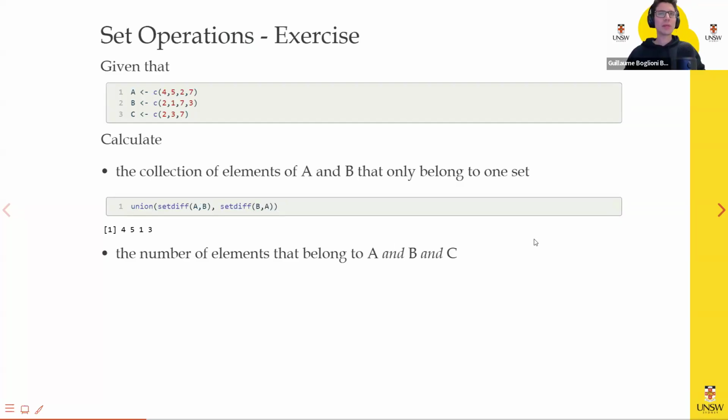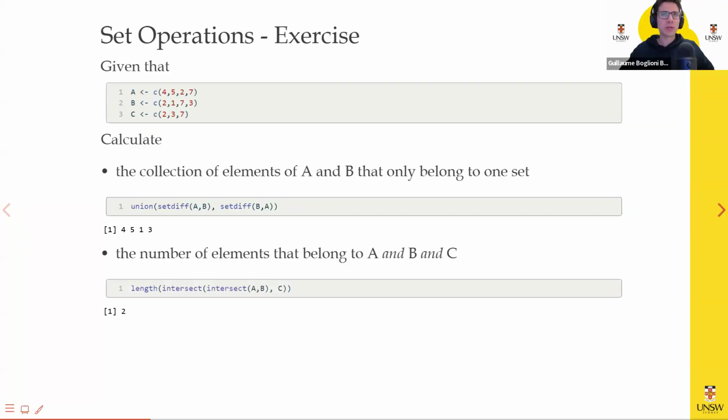And then the number of elements that belong to A and B and C. Now, this one as well, you need to think about it a little bit. How can you do this? Well, it would be intersect, but there's a bit of a catch. I trust you have paused the video now and you're in RStudio trying to figure it out.